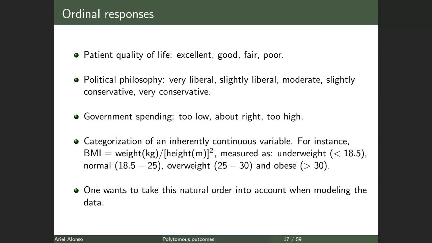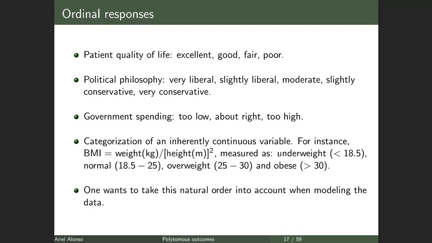This is a measure that we use to define obesity, and it's a very good predictor for your general health status. And typically what we do is we say, well, an individual with a BMI smaller than 18.5 is underweight. So it's a person that has an unhealthy weight, but unhealthy in the sense that it's too low.